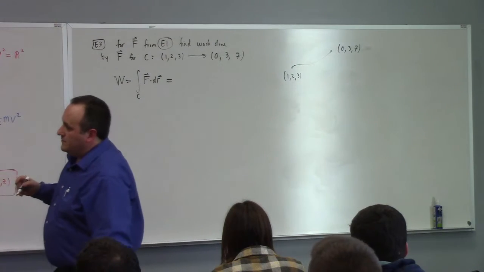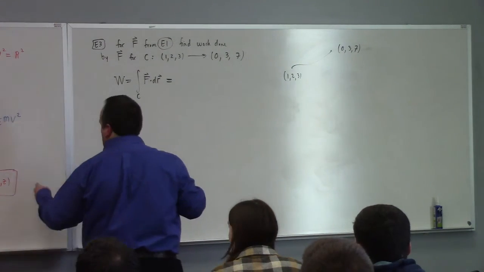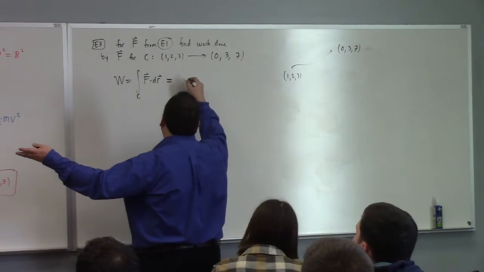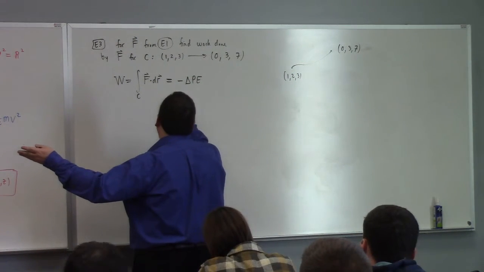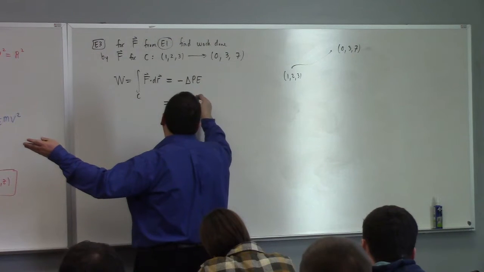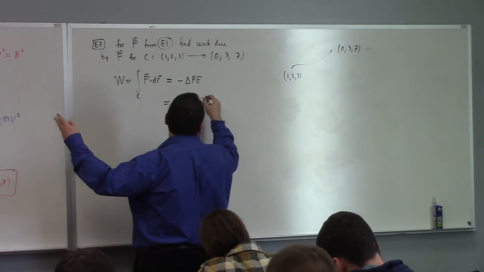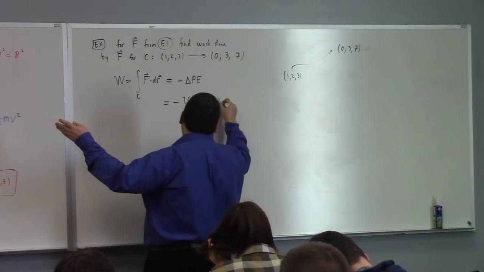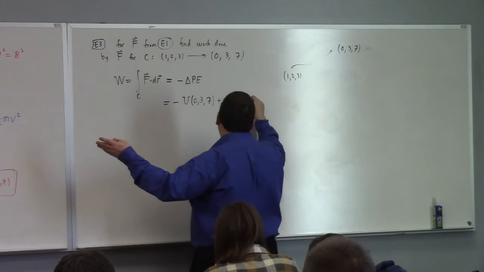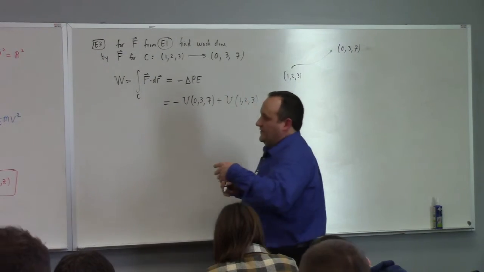All right, so we use the part of the theorem here, which is minus the change in the potential energy, right? So that's minus u of 0, 3, 7 plus u of 1, 2, 3. But what was my formula for u?